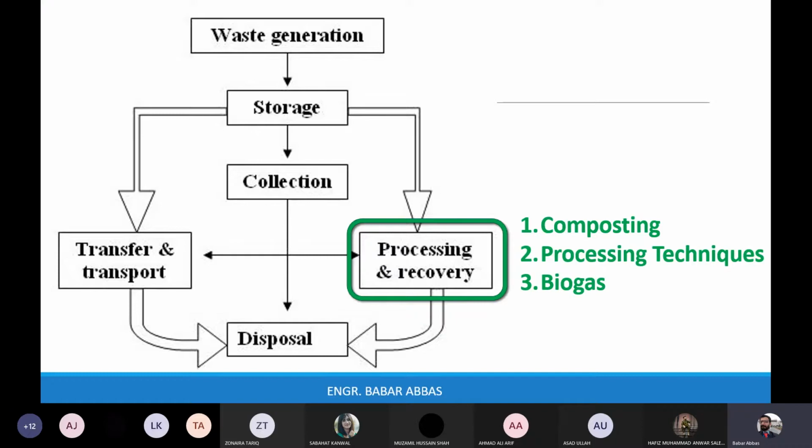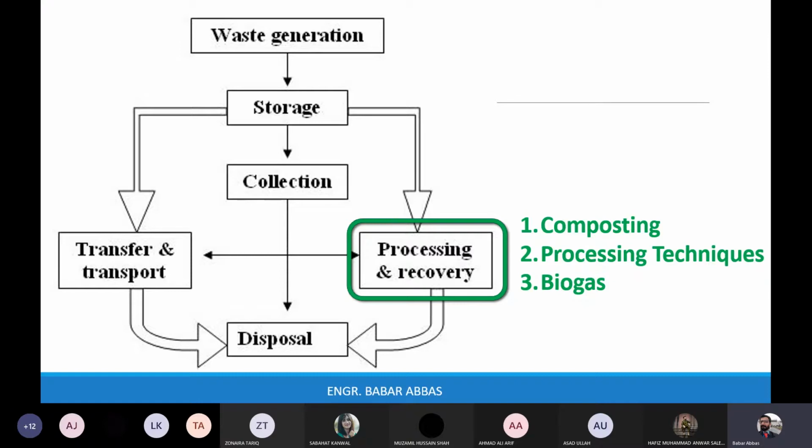And there are two major processes which can be implemented on community level waste management systems. One was composting. We have studied the entire process of composting, its designing, and the process parameters as well.